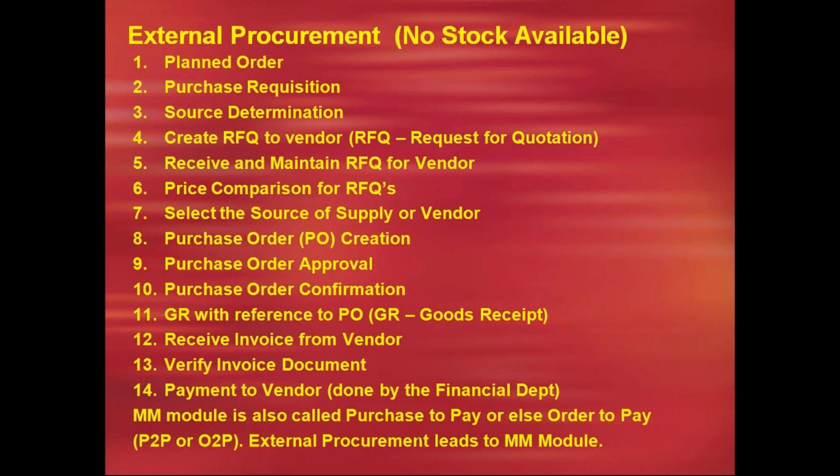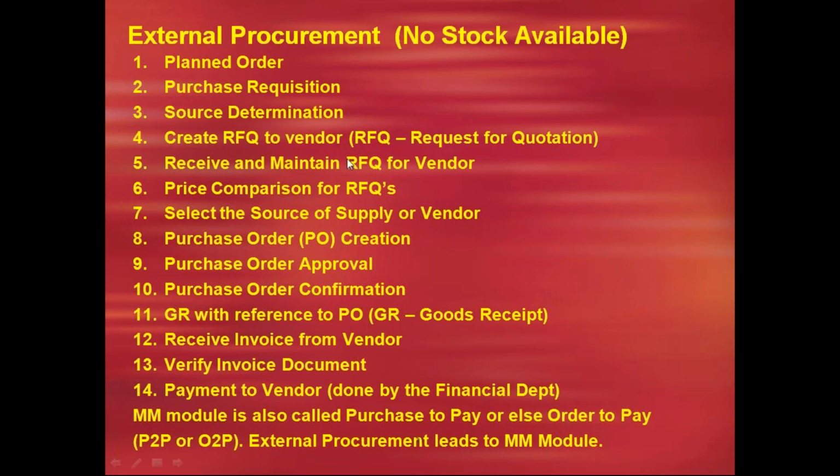So once the company identifies the vendors, the company is going to create the quotations. That is called request for quotation to the vendors. The vendors will receive the quotation from the company. If they are ready to supply the material, they'll get back with their price and conditions.